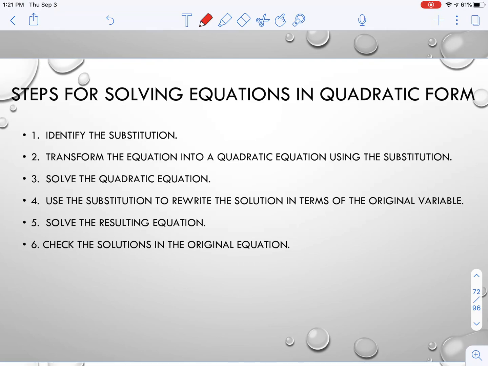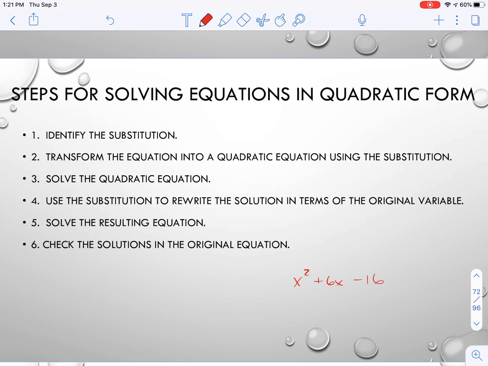The next thing we're going to take a look at is solving equations that are in quadratic form. Quadratic form equations are something that look and, to an extent, behave like a quadratic. In particular, our exponents are going to have a pattern that follows a quadratic type pattern. Let me write a generic quadratic here. So let's say I had x squared plus 6x minus 16.